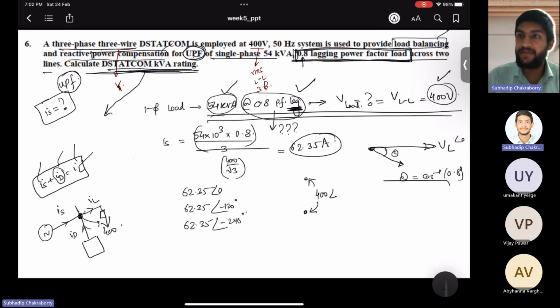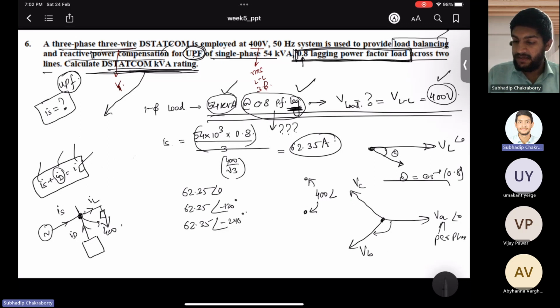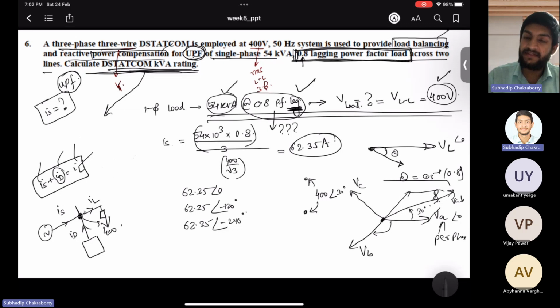I explained previous week also that if VA is at angle 0, you mean that is VA per phase. So VB is at an angle minus 120, and again minus 120 is VC, right? So if you find VAB, what will it be? 30 degrees leading. So 400 angle 30 degrees. This was the voltage applied across the load.